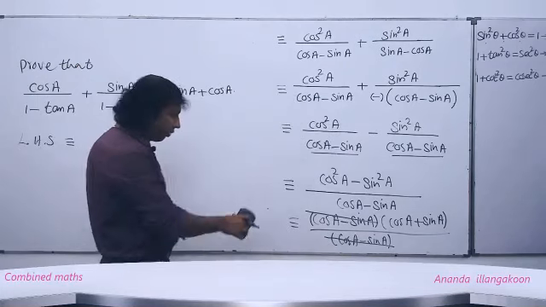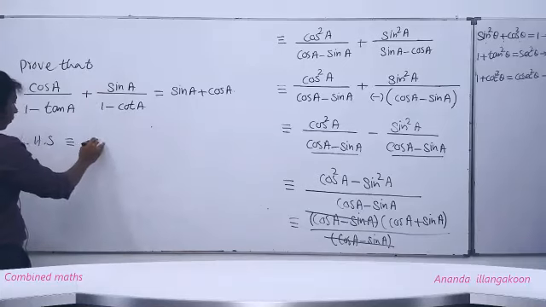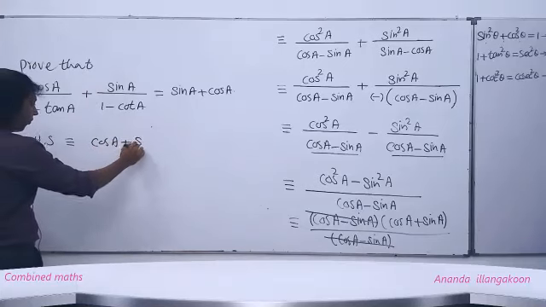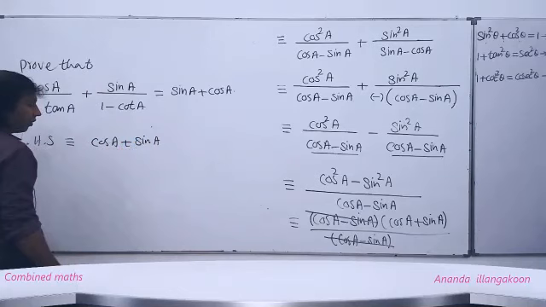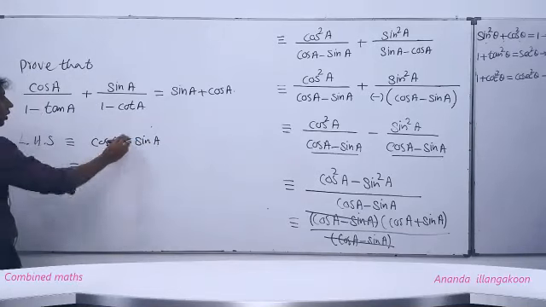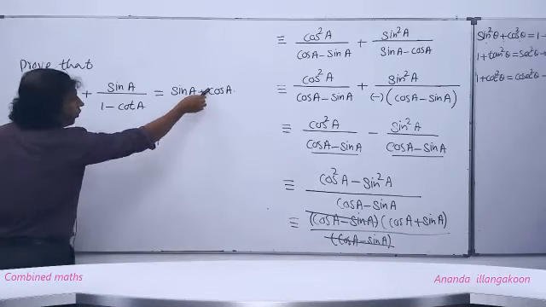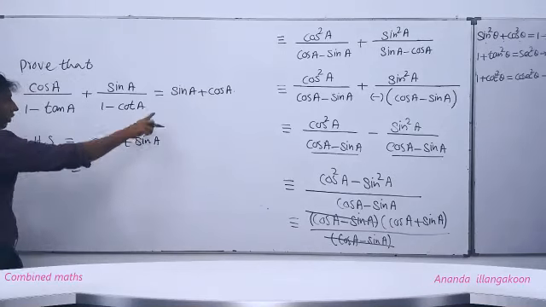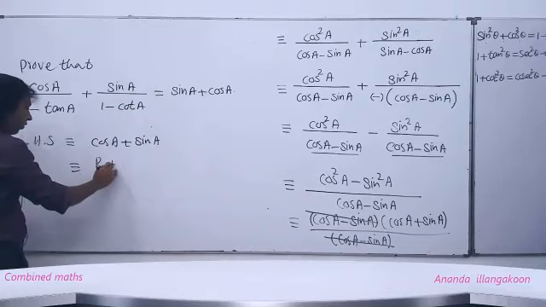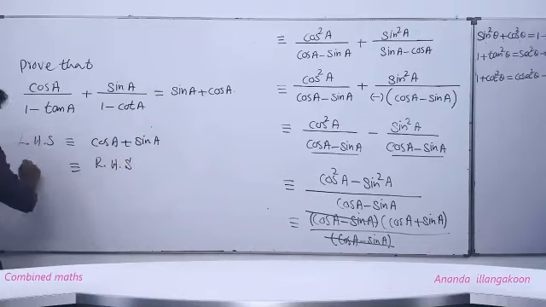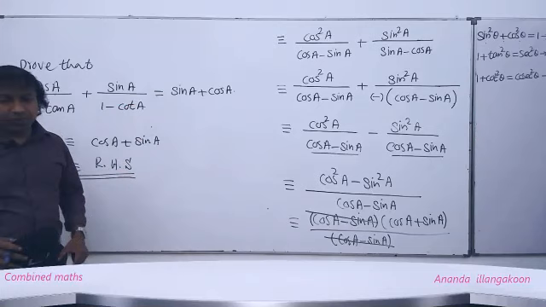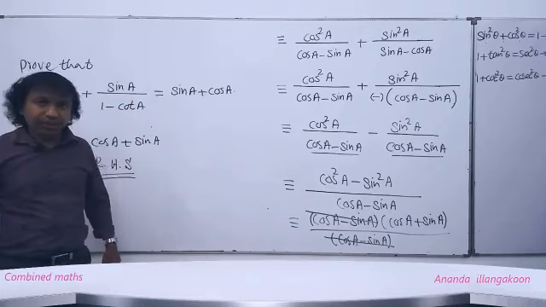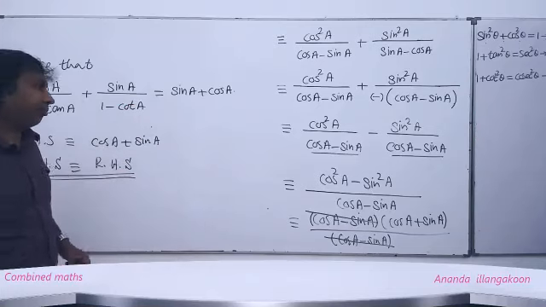Right now we have cos A plus sine A. Cos A plus sine A is sine A plus cos A, because when we interchange this order, it is still the same, people. Then this is the right hand side of the thing we need to show. So this is the right hand side. Therefore, we prove left hand side is equal to right hand side. Understood? That's how we do it. Right.